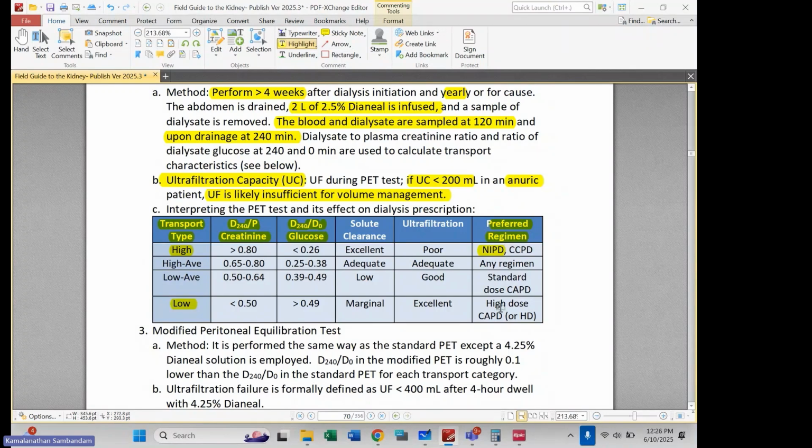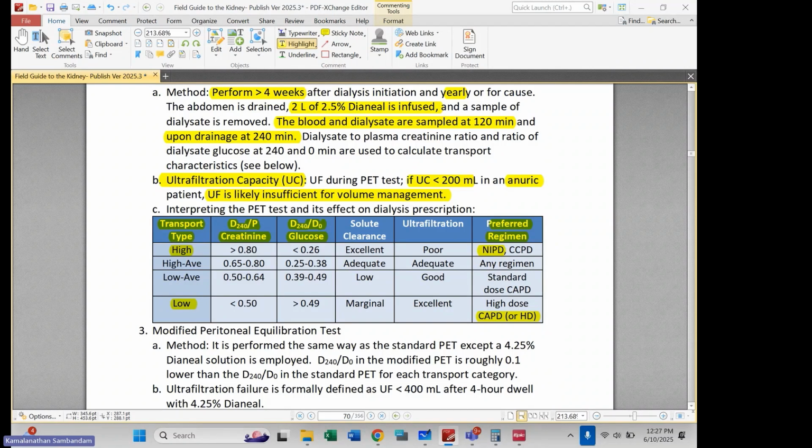When I have a low transporter, you can benefit from longer dwell times, okay, in order to achieve that continued urea flux. Okay, so longer dwell times would be my biased direction if I have a low transporter. Okay, still many low transporters can be managed with nocturnal or CCPD. They are generally going to require higher total volumes, right?